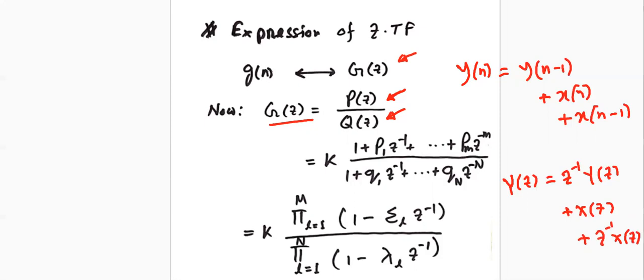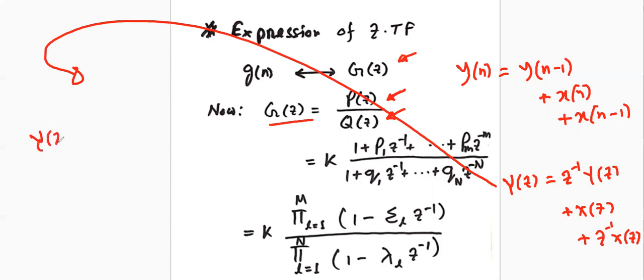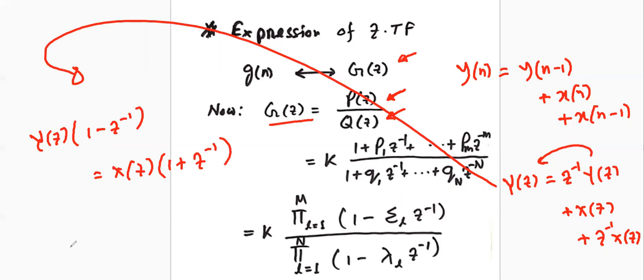This is very simple. From this equation, we can take Y(z) common. If we take it to the left side, we find 1 minus z to the power minus 1. And on the right side, taking X(z) common, we get 1 plus z to the power minus 1.